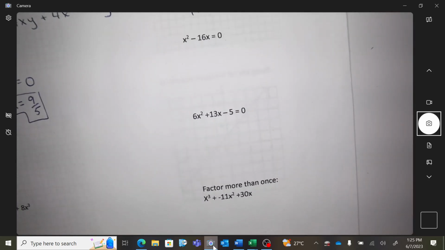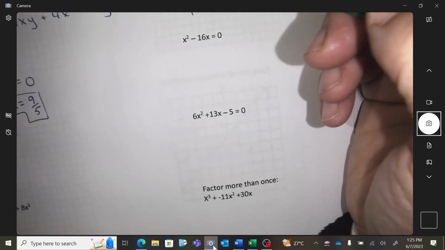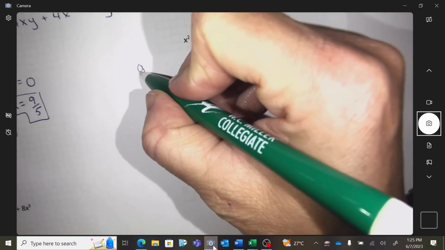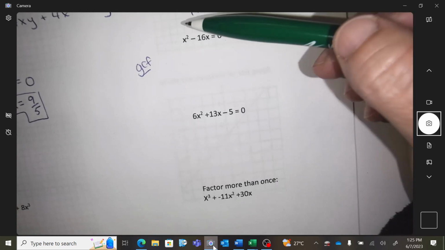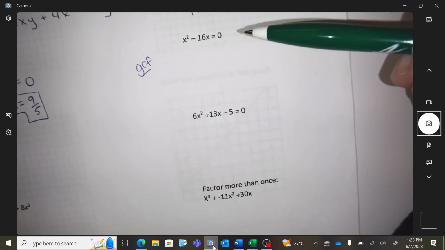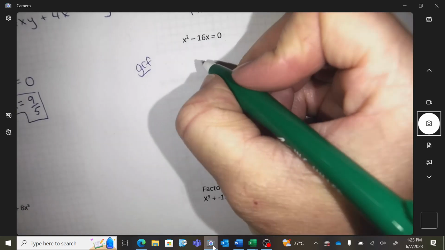Okay, recognize we've got a style of GCF. GCF is the style. Trinomials are already out because there's no 3 parts, right? So that's already out. So there's 2 terms. What could I possibly take out of each of those 2 terms?